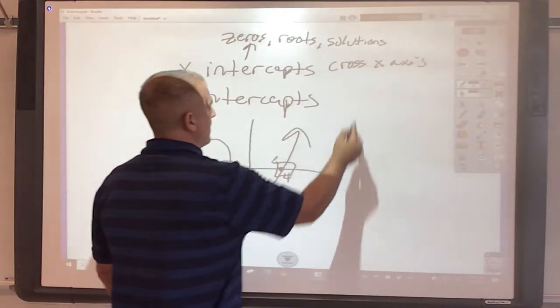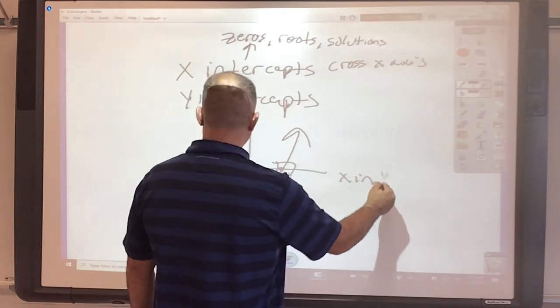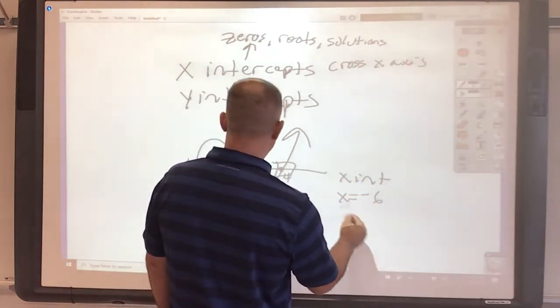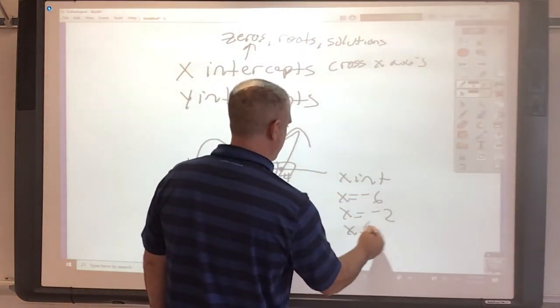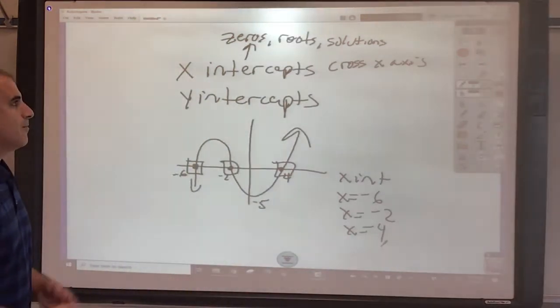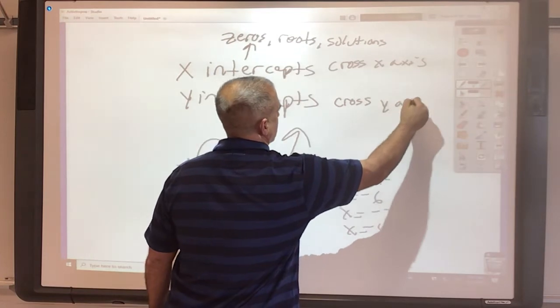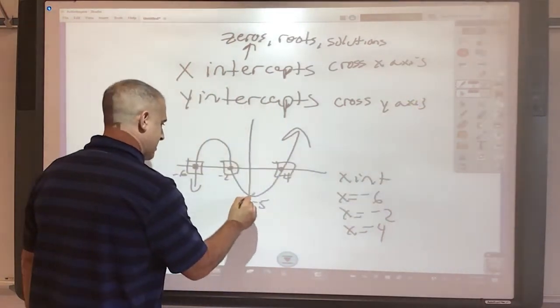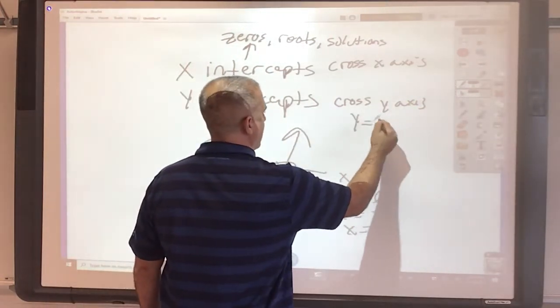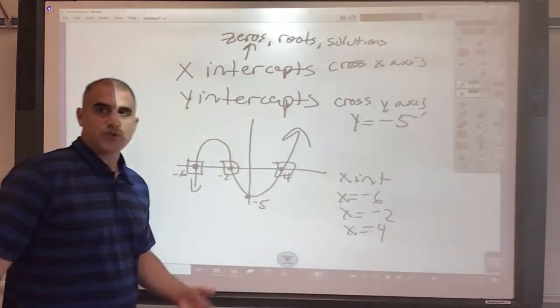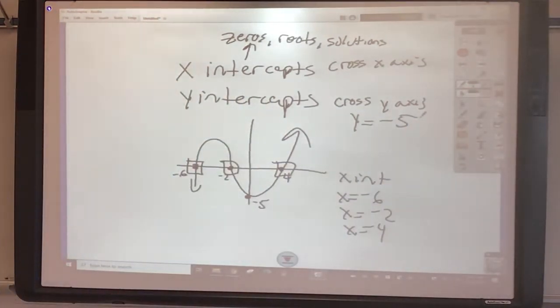So my x-intercepts here would be x equals -6, x equals -2, x equals 4. Okay? My y-intercept is where it crosses the y-axis. Okay? Nothing overly complicated there. So my y-intercept would be y equals -5. So you just use the letter. Pretty simple stuff. Okay? All right?